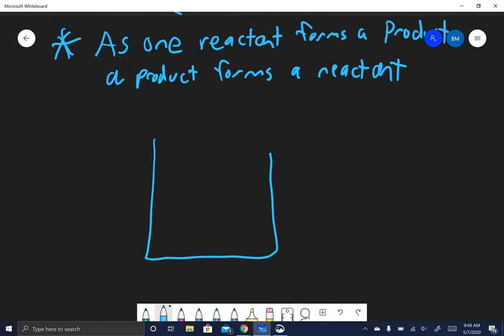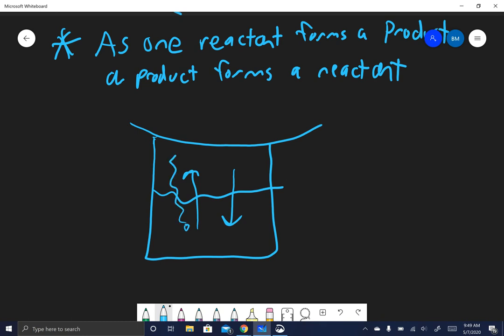So if we have a beaker of water and we seal it, put a watch glass, let's say, on top, this will reach what's called a dynamic equilibrium, where you have particles evaporating and then particles condensing at the same rate. Every time one of these liquid water particles evaporates out, you have a water vapor particle that might condense here, and it drips back into the liquid.